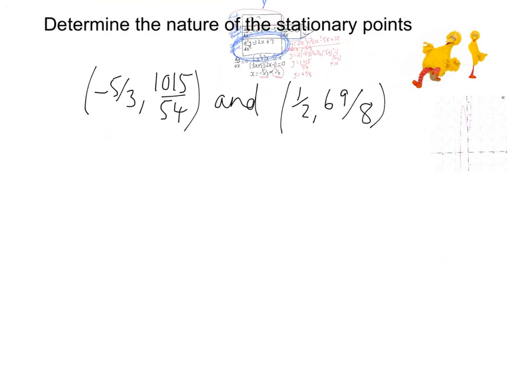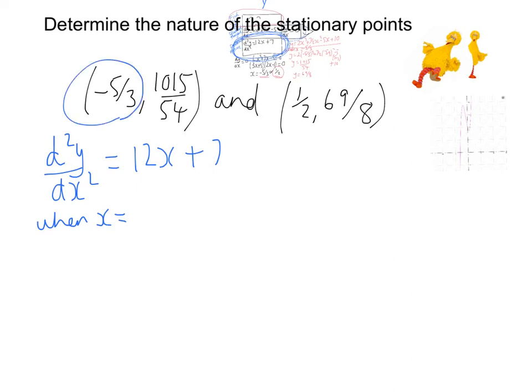We write down that d2y by dx squared is 12x plus 7. And then we say, when x is one of the turning points, which is minus 5 over 3, we work out a value for d2y by dx squared.